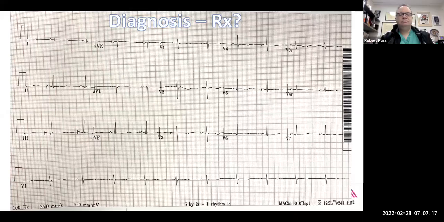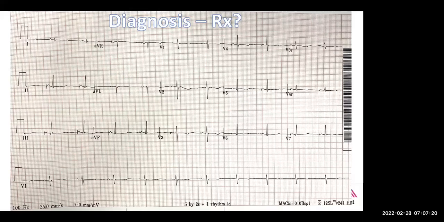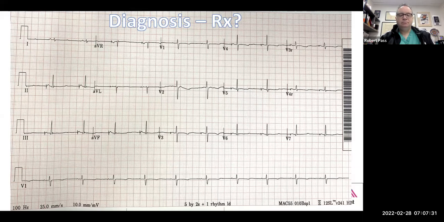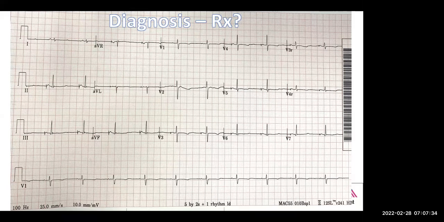The rate is 4.5, so 5. So rate is around 60. Regular, looking at the rhythm strip right now. And the QTc looks long, but I don't know if it will come out long. It seems like there is atrial pacing.